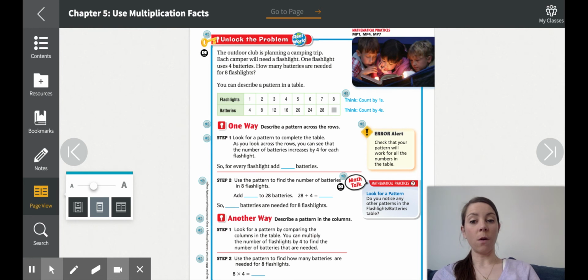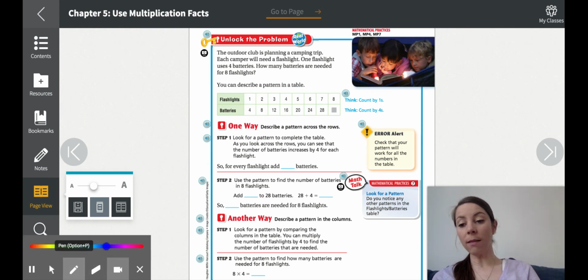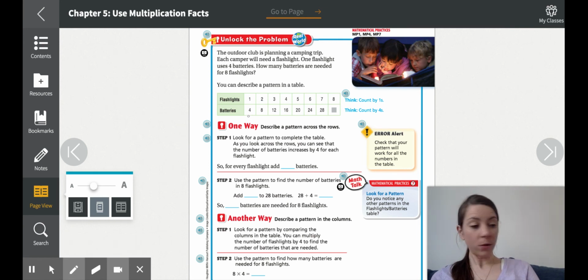I had 4 batteries, and then how do I get from 4 to 8? What do I count by, or what do I add? 4 plus 4 is 8. So I like to write that, and it's going to be a little tricky with this pen. Let's try my special pen here.